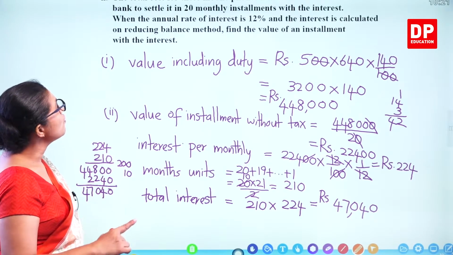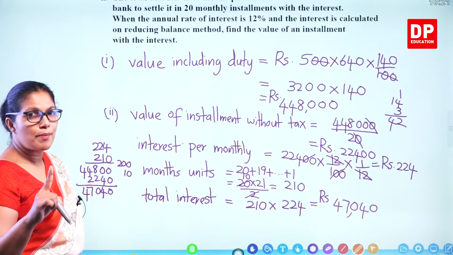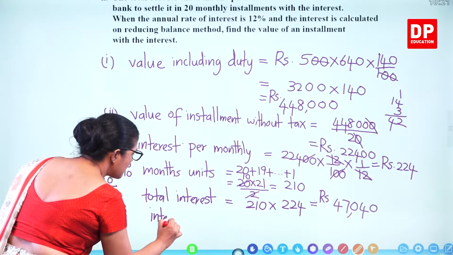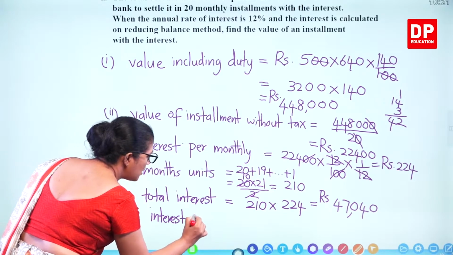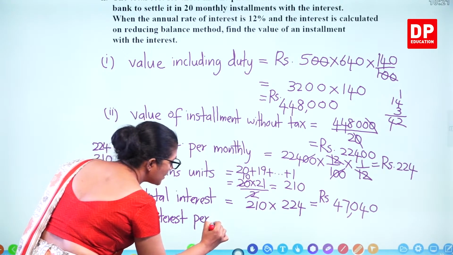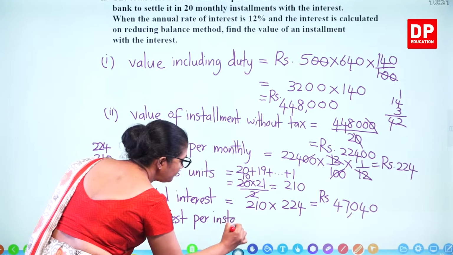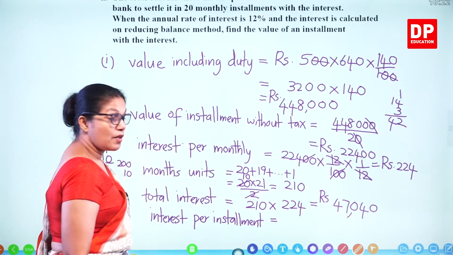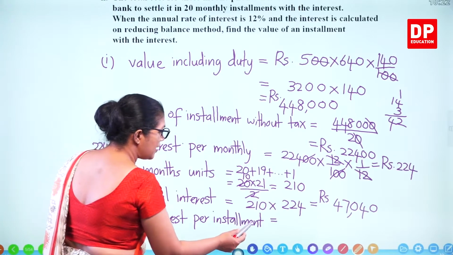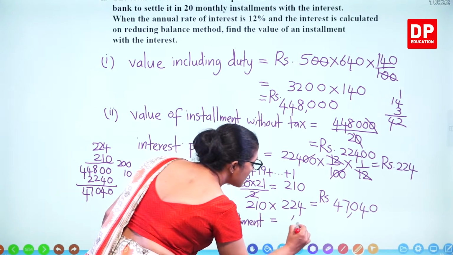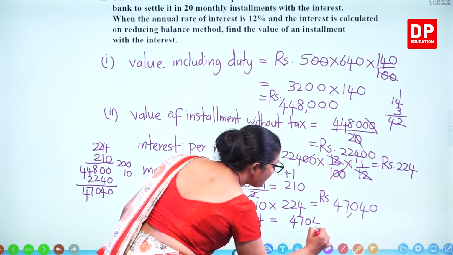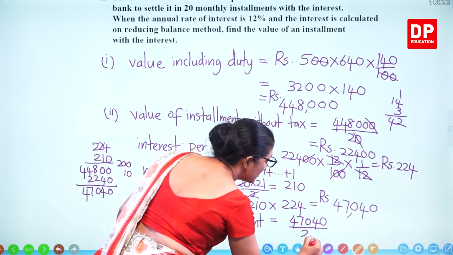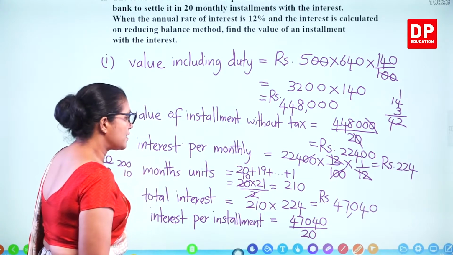But you have to pay with 20 installments. So what is the interest per installment? So here, interest per installment: 47,040 divide by 20. 20 installments are there.